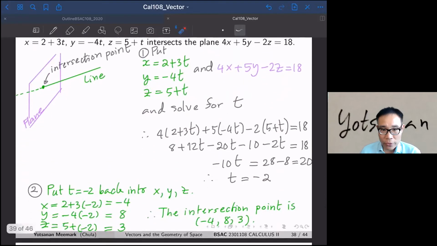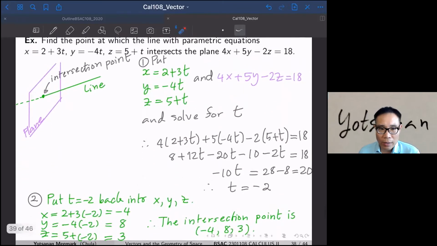And then if you have the line and the plane, you'll be able to find the intersection point by plugging x, y, and z in terms of t into the plane, and solving for t.